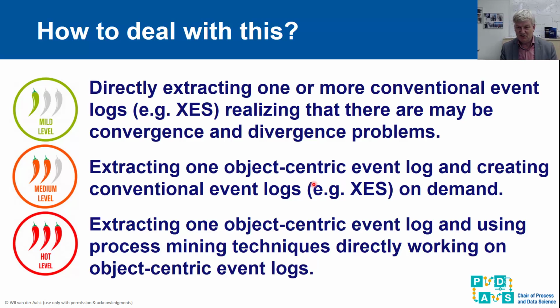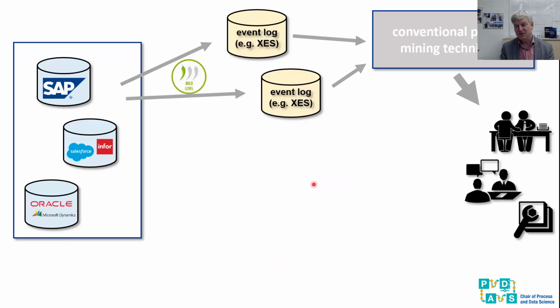The most ambitious solution, and something that we are working on in our research, is what is called here the hot level, where we don't try to discover conventional process models, because this is impossible for this more complicated reality. And we generate models automatically that capture what we are doing.